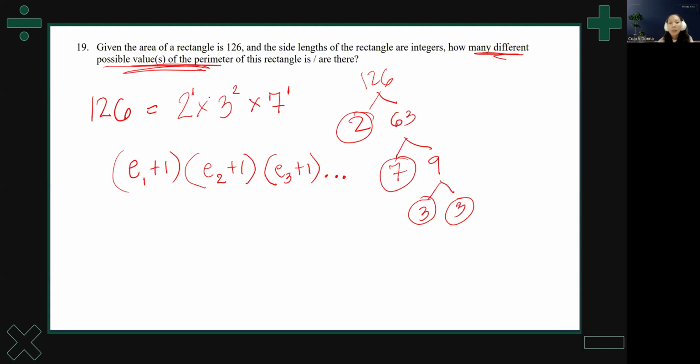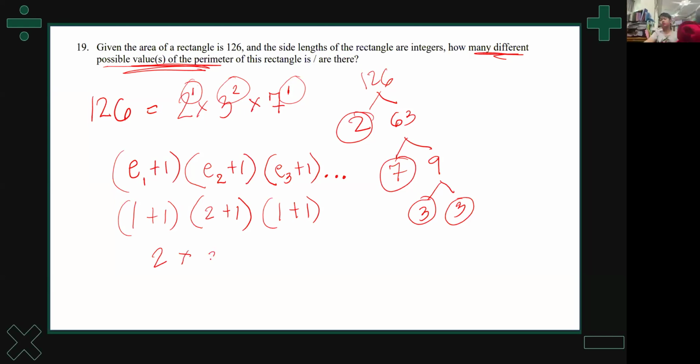But in this case, we only have 3. So exponent 1 is 1. This is what we call exponents. Plus 1 to that. Exponent 2 is 2 plus 1. Exponent 3 is 1 plus 1. So you have 2 times 3 times 2.